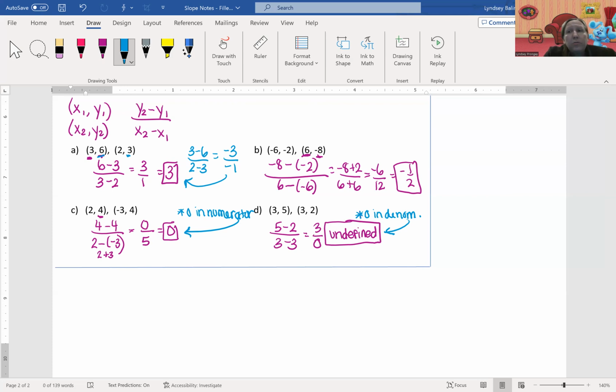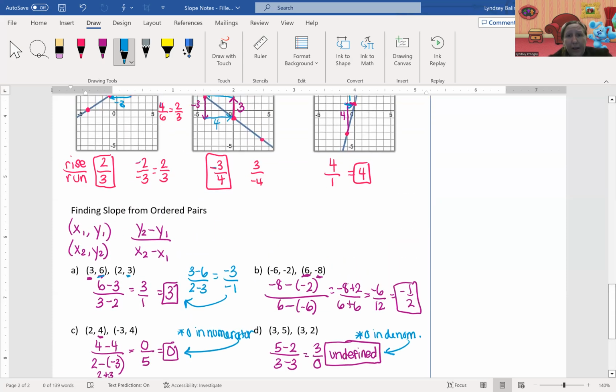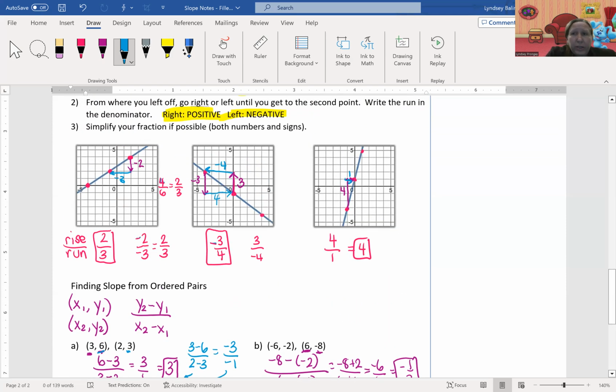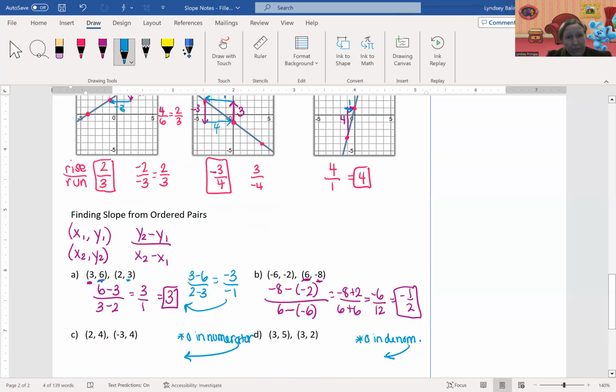So we're going to do a lot of practice with this. When you're doing your graphs, pick 2 nice points, count your boxes up or down, and then left or right, which I know is opposite of how you usually graph ordered pairs. When we graph ordered pairs, we always go left or right, then up or down, but slope is up and down, and then left and right.